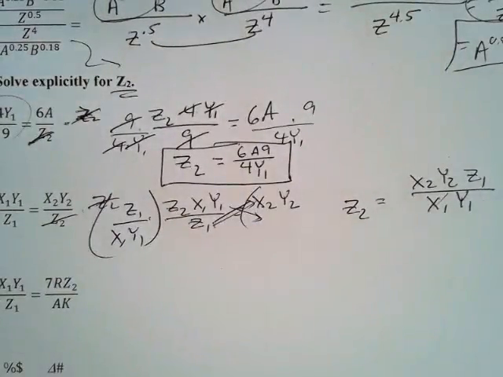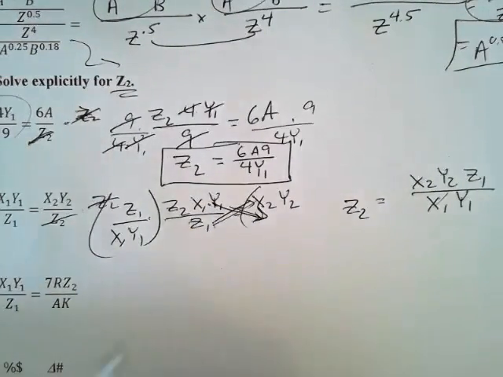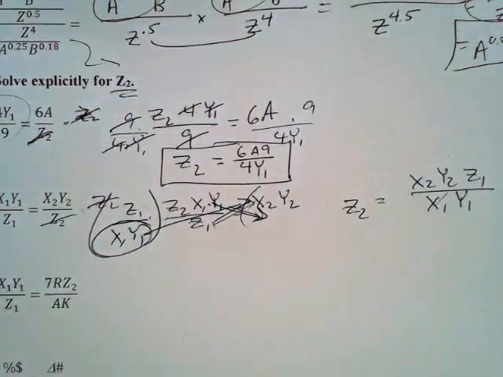If you're in the habit of doing that, try to gain some confidence, try to do it where you don't write that all the time, but yet see that if it's in the numerator here, it's going to come over as a denominator. If it's in the denominator here, it's going to go up to the other side of the equal sign as the numerator, because you'd be multiplying both sides by x1 over y1, so that you again become a more efficient problem solver, which will also make you enjoy problem solving more.